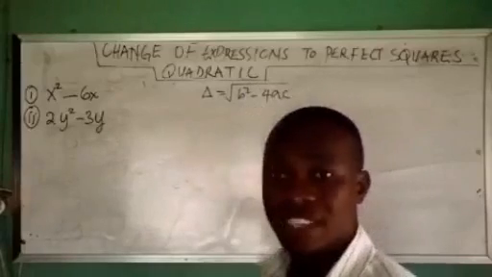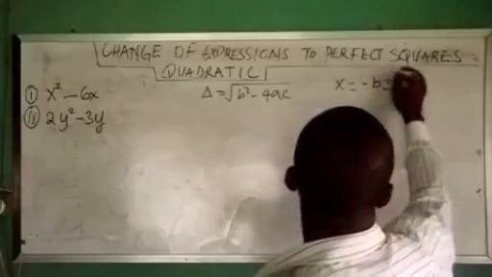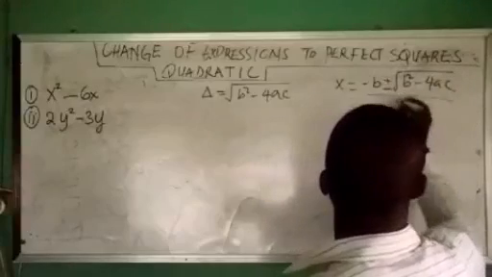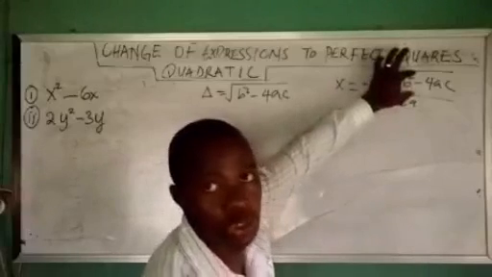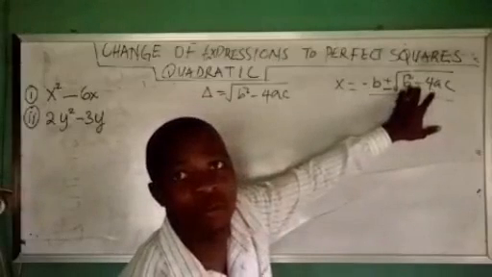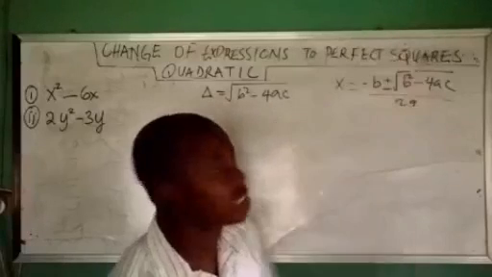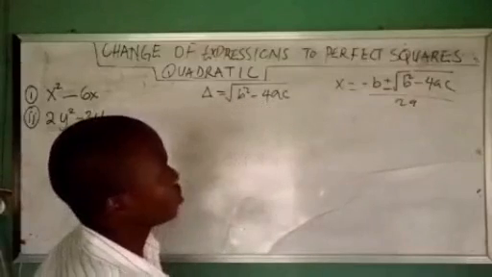If you look at the quadratic formula, it is minus b plus or minus the root of b squared minus 4ac over 2a. So now we try to bring out this root, because it's the one that will tell us the nature of the root. That's why we brought it out. So we are now going to use this one.